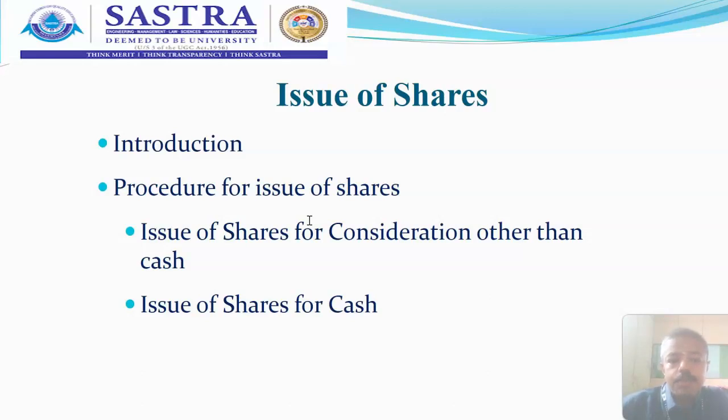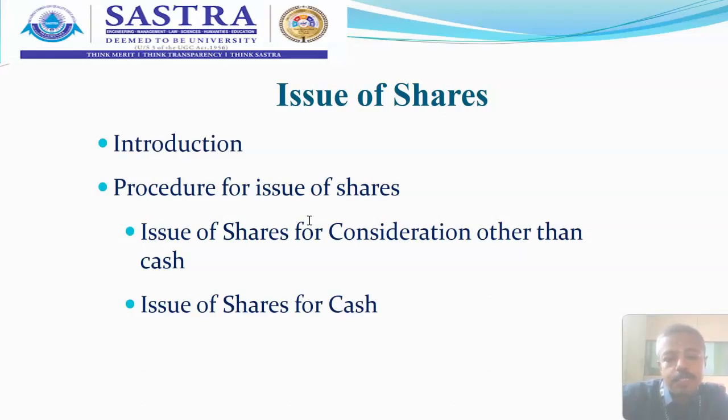Sometimes shares are issued to the supplier of fixed assets, installation of plant and machinery, in lieu of the contribution provided by them during the special occasion of the company.